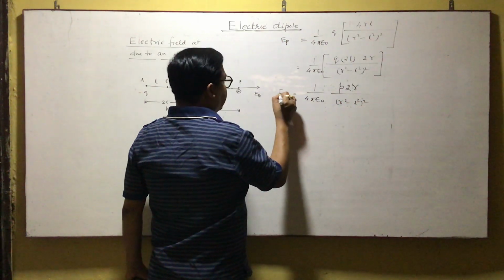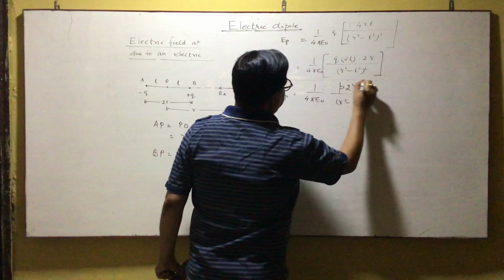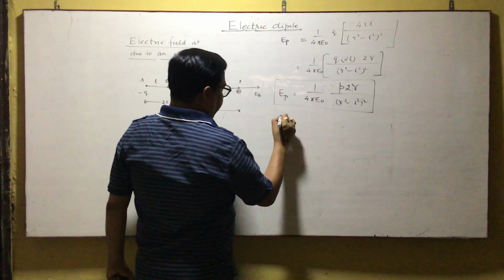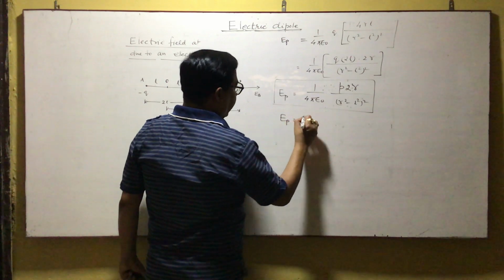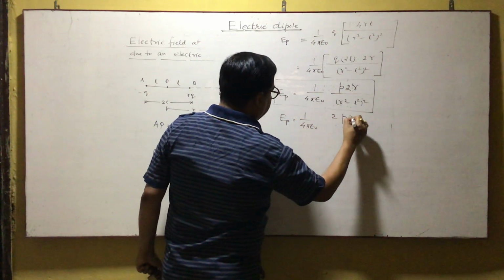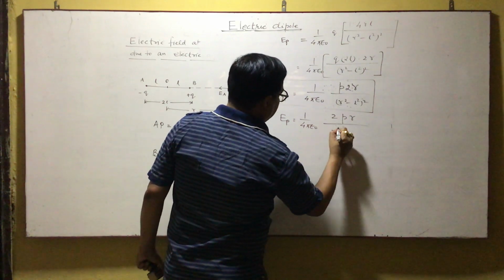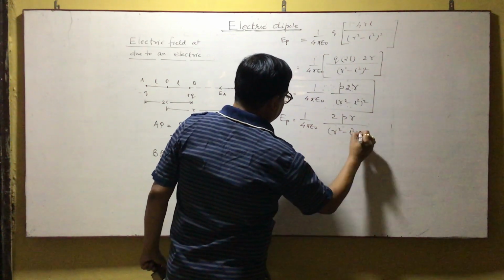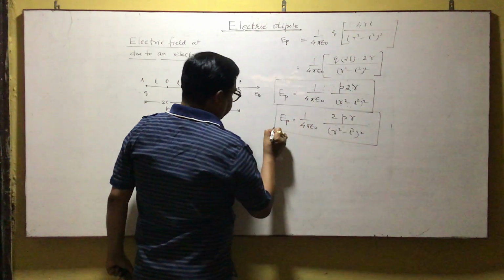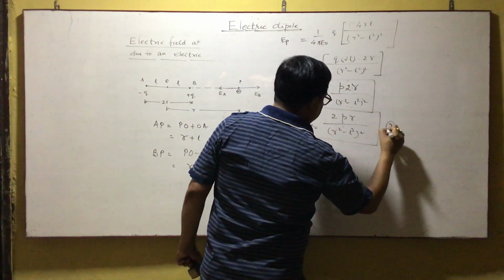So this is the formula of the field. So in a systematic manner we can write this EP as 1 by 4 pi epsilon naught, 2PR upon (R square minus L square) whole square. This is equation number 3.